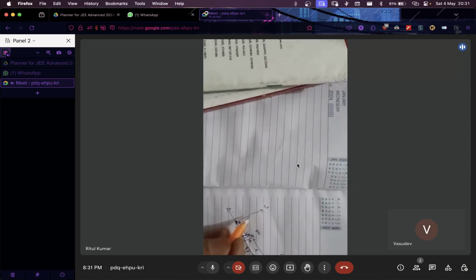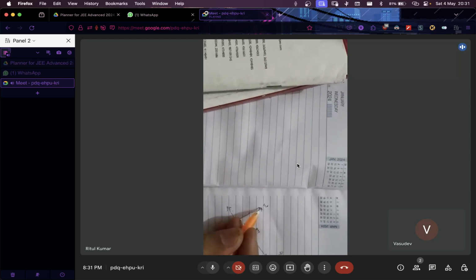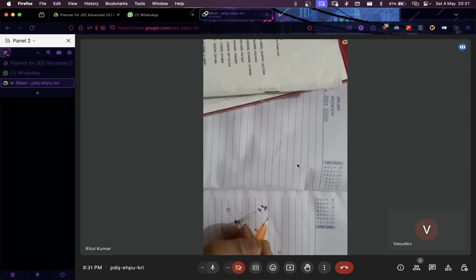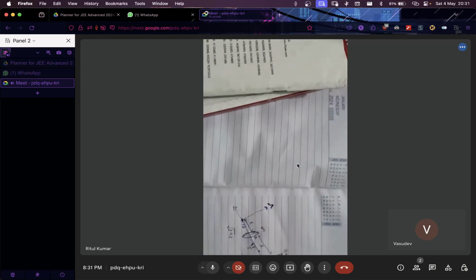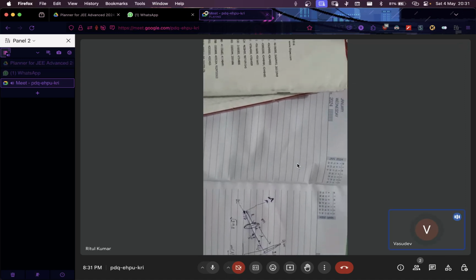If we assume this to be the axle, then perpendicular to the axle is the direction in which I wish to get omega for the center of mass. We can mark it as capital omega.